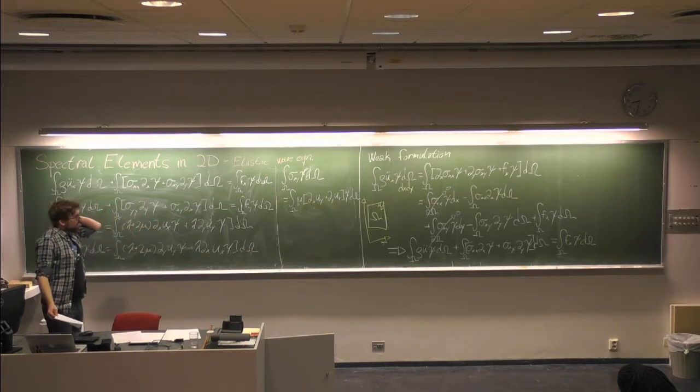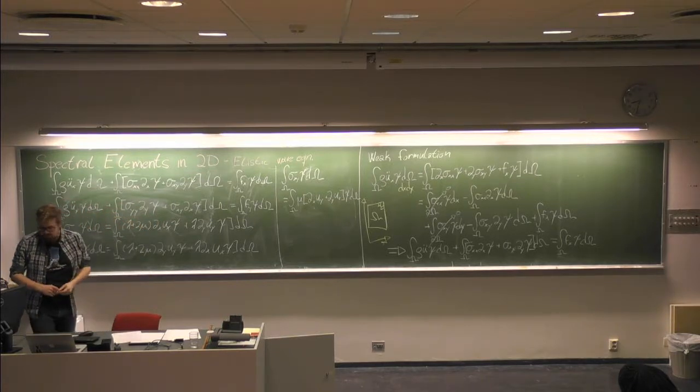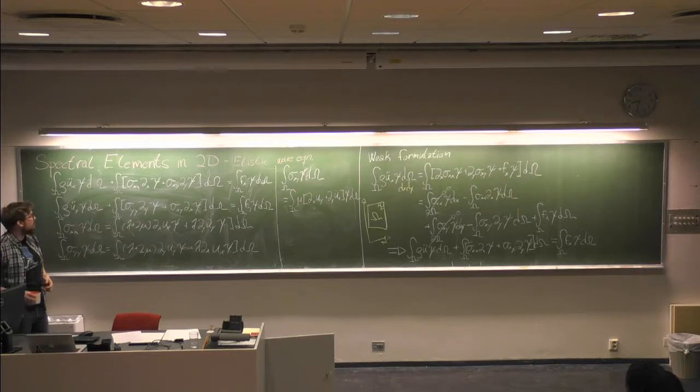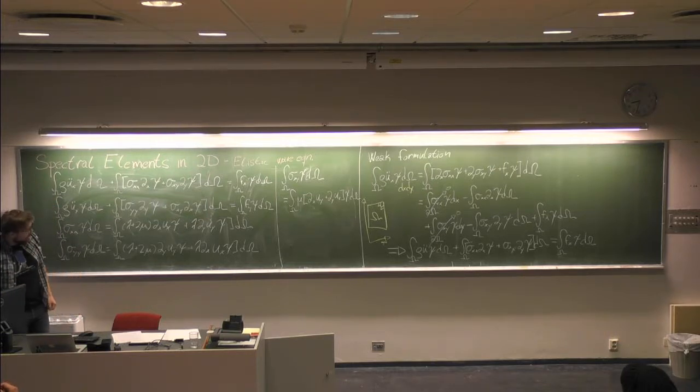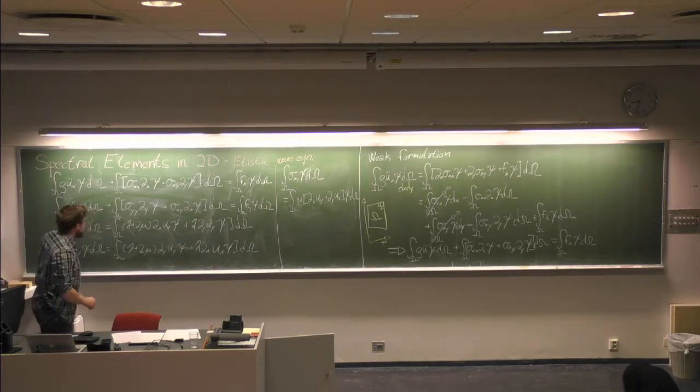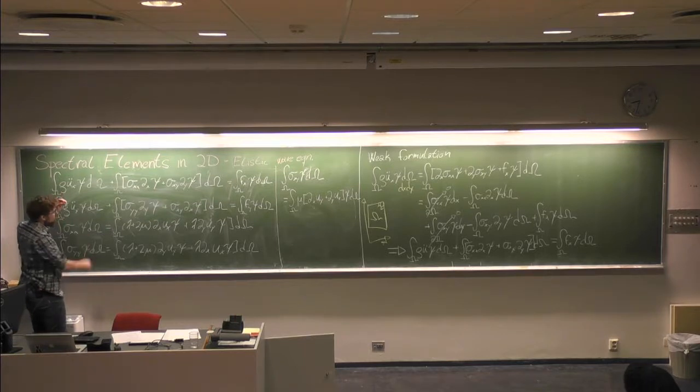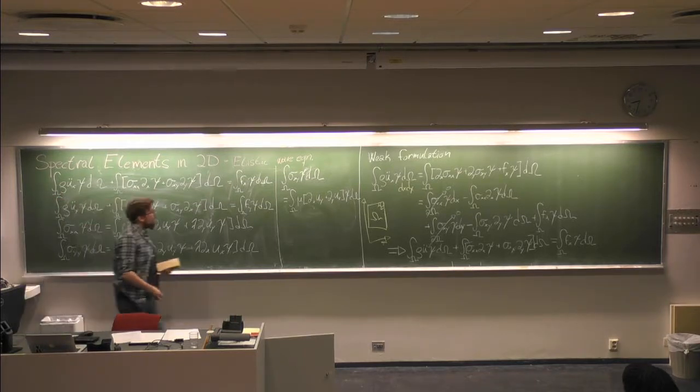Like so. So this is just a lot of legwork to get a weak formulation of the elastic wave equation. I mean, you can write it more compact if you start to use indices, but that's just going to be confusing at this point in time.